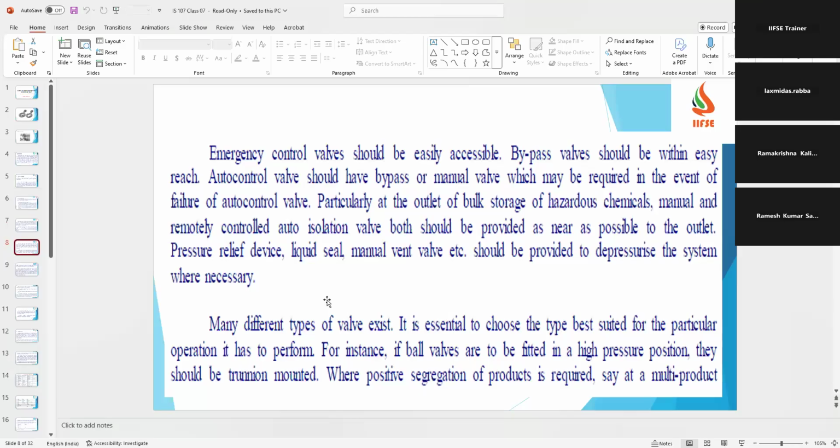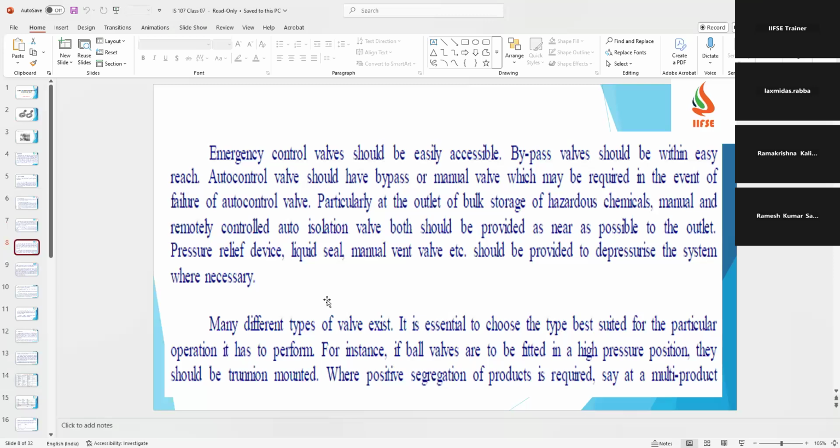Particularly at the outlet of the bulk storage of chemicals, a manual and also a remotely controlled auto isolation valve both should be provided as near as possible to the outlet. A pressure relief device, a liquid seal, a manual vent pipe, etc., should be provided to depressurize the system wherever it is necessary.